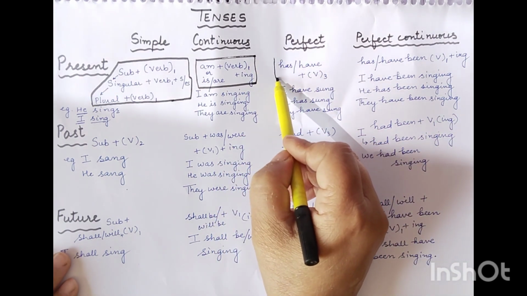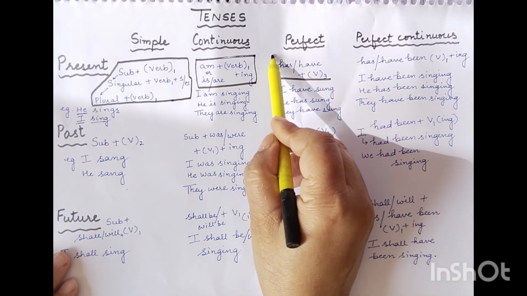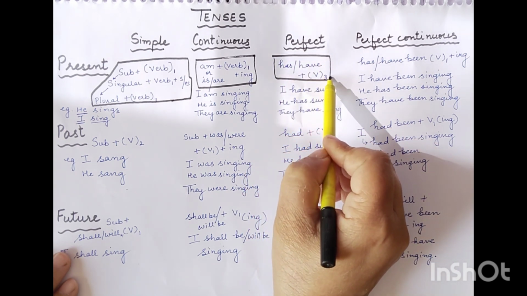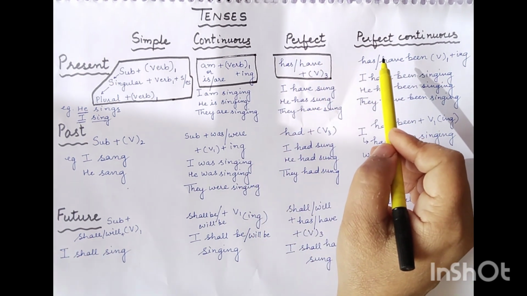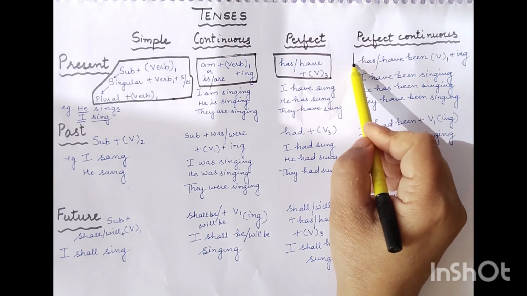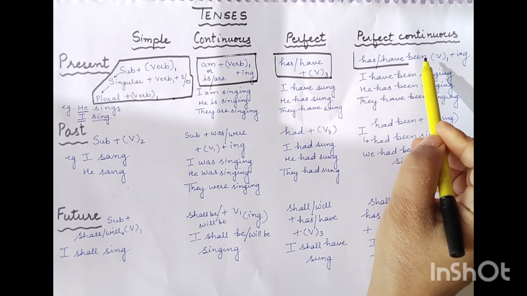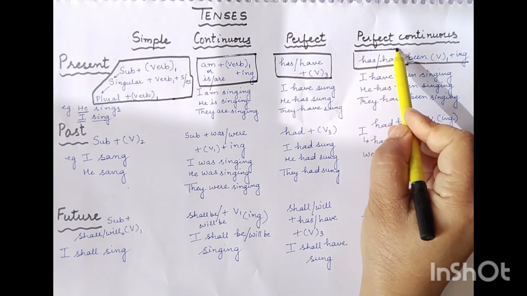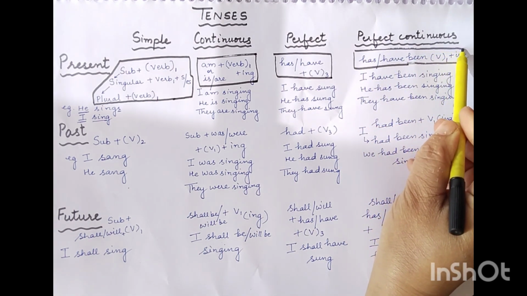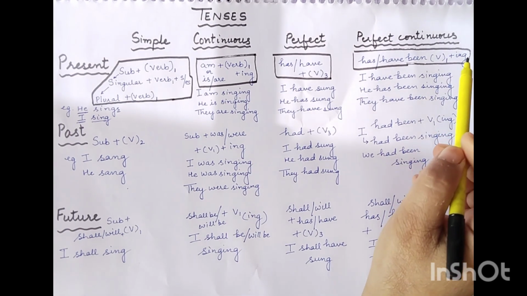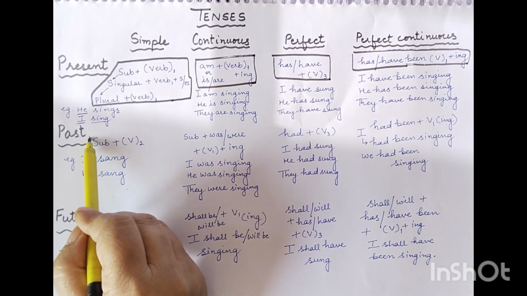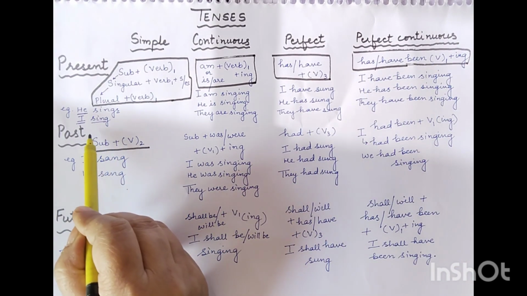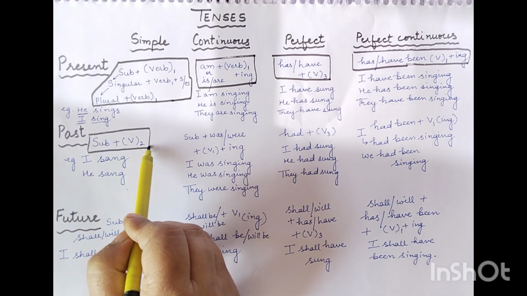Similarly, in continuous, am plus first form of verb plus ing, is or are is used. In perfect, has or have plus the third form of the verb. In perfect continuous, has been or have been plus first form of the verb plus ing. In past tense, subject plus second form of the verb.